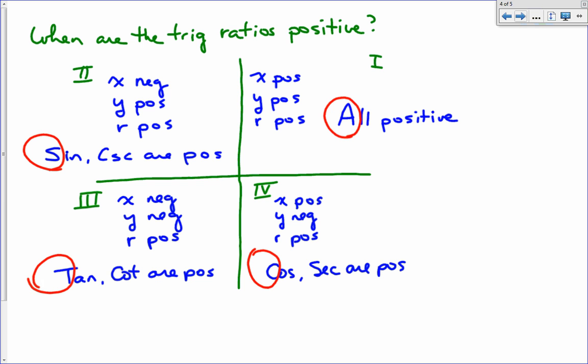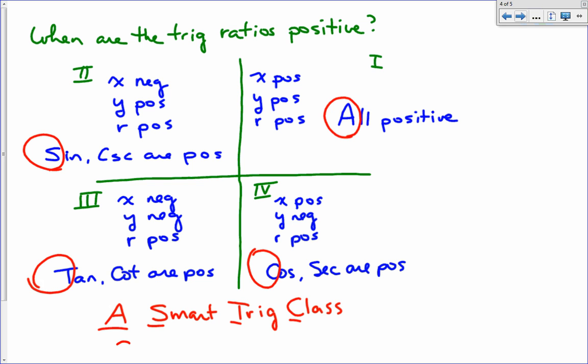And one way to remember that, if we start at quadrant 1, would be "all smart trig class." So we've just created a mnemonic device using all, sine, tan, and cos.